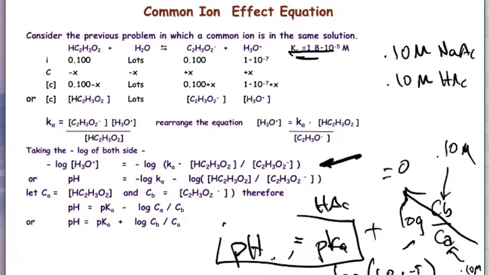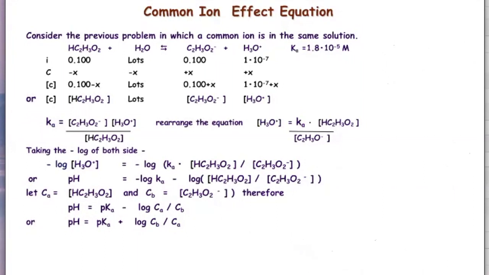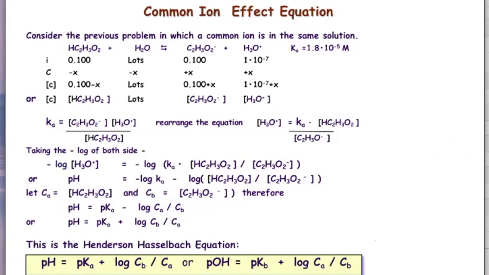That's what the Henderson-Hasselbalch equation gives you. It gives you a shortcut of doing the common ion effect. And you want to remember this because why work through the ICE table when someone already has figured it out for you? So that's very important, especially for the lab this week. So let me go ahead and clear this, and then move on. That's the pH Henderson-Hasselbalch equation and the pOH Henderson-Hasselbalch equation.